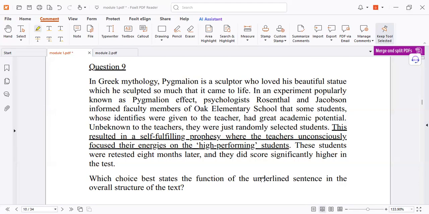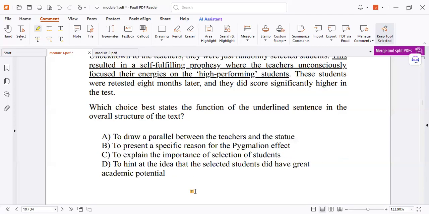Then it's, it's what? B. And now letter B is correct.